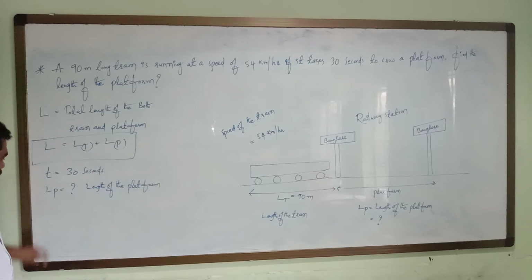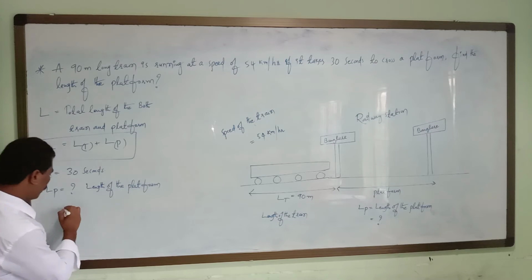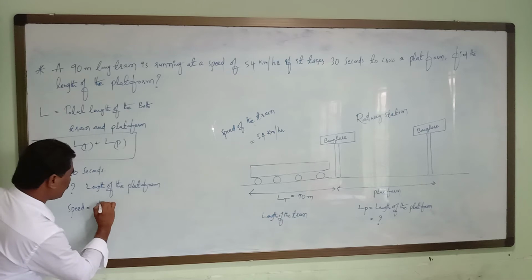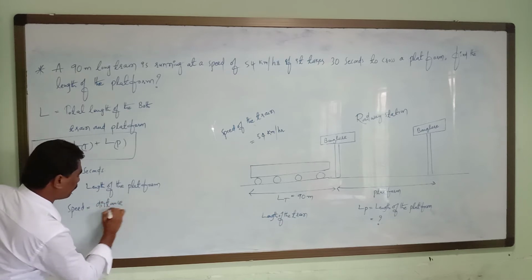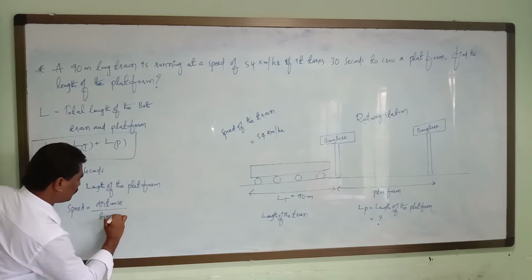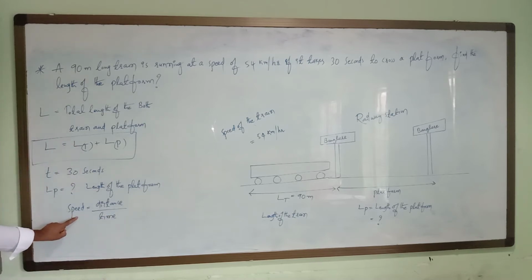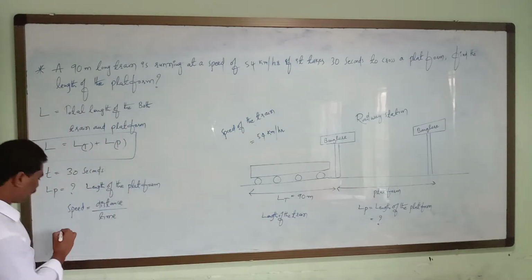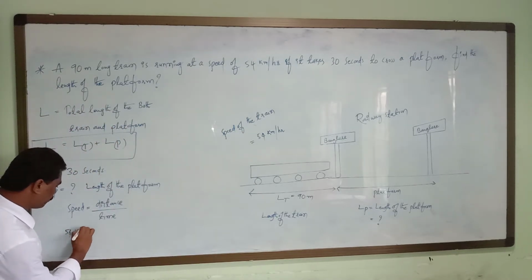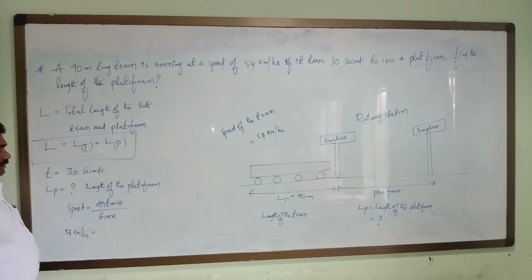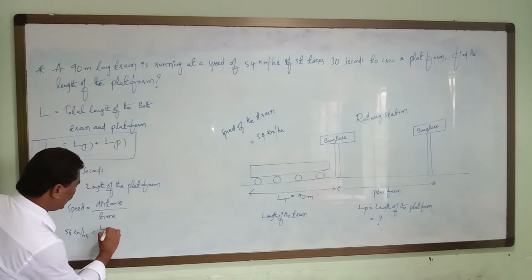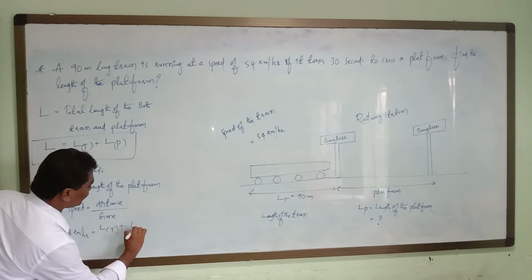So here we already know the speed. What is the formula for the speed? Speed is equal to distance by time. Speed is already given, that is 54 km per hour, equal to the total distance, that is the length of the train plus the length of the platform.